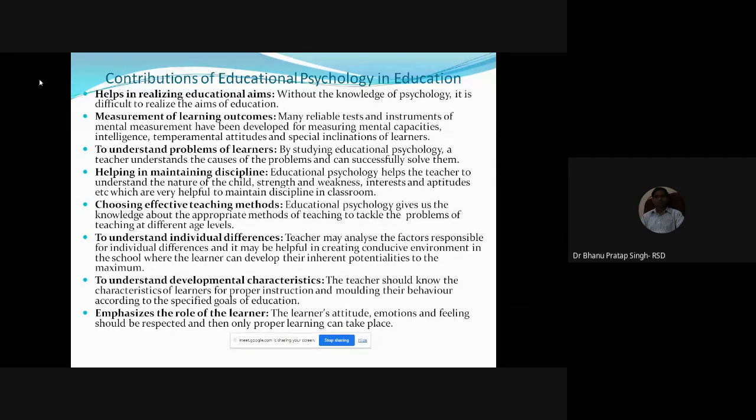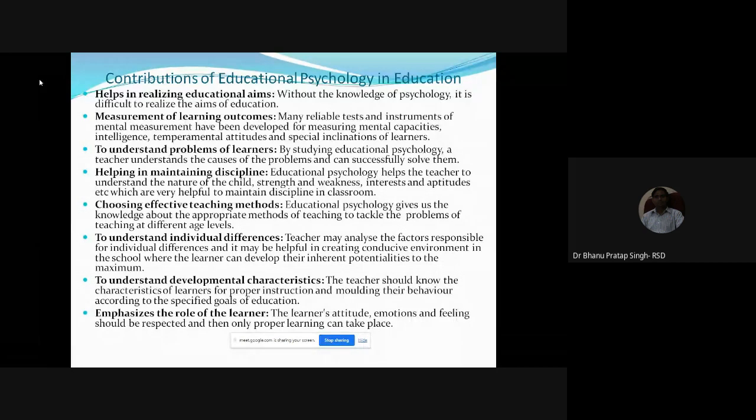The next contribution is helping in maintaining discipline. As we discussed in previous slides, it is very useful for principals and administrators for maintaining discipline.